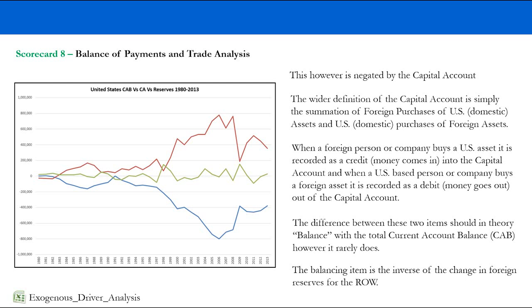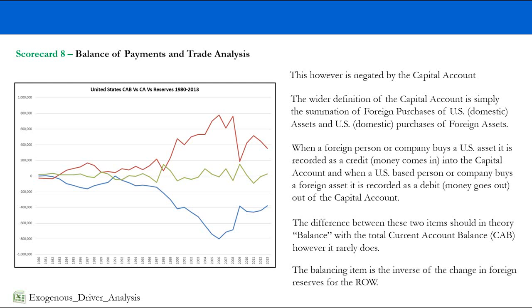When you add this back in, we know that the balancing item itself is a change in reserves. It is the inverse of the change in foreign reserves for the rest of the world. So what is outside of the United States? We have to think of this in debit and credit terms all the time.